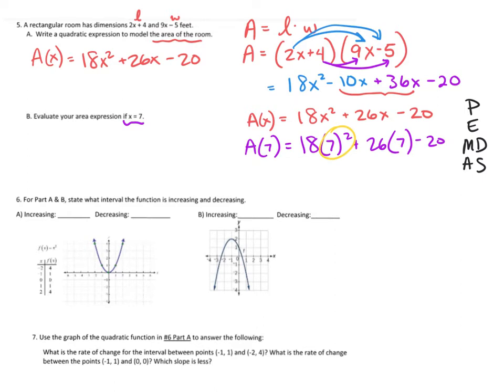If she was dear, you wouldn't have to excuse her, but she's dumb. So there's nothing to do in the parentheses, so we move on to the exponents, and that's what we're doing now. 7 squared is 49. So I did my exponents: 18 times 49 plus 26 times 7 minus 20.